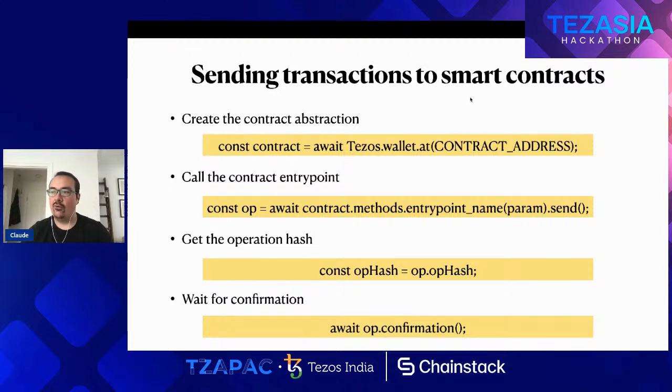Like if you want to wait for 3 blocks, you can just pass 3 as a parameter of the confirmation method, and Taquito is going to wait 3 blocks before confirming the operation. So Taquito makes it very easy to forge the transaction, but also to wait for the transaction to be baked and to wait for a confirmation.